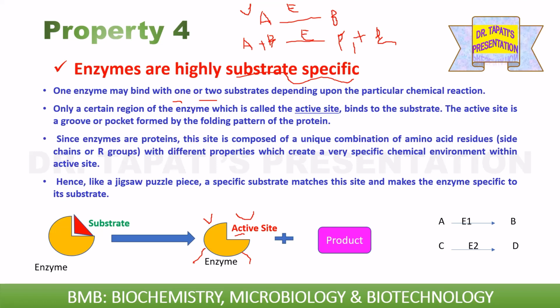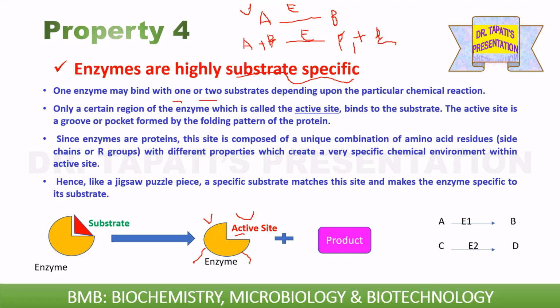As you know, enzymes are proteins, I told you already. This site is composed of a unique combination of amino acid residues with different properties, which create a very specific chemical environment.